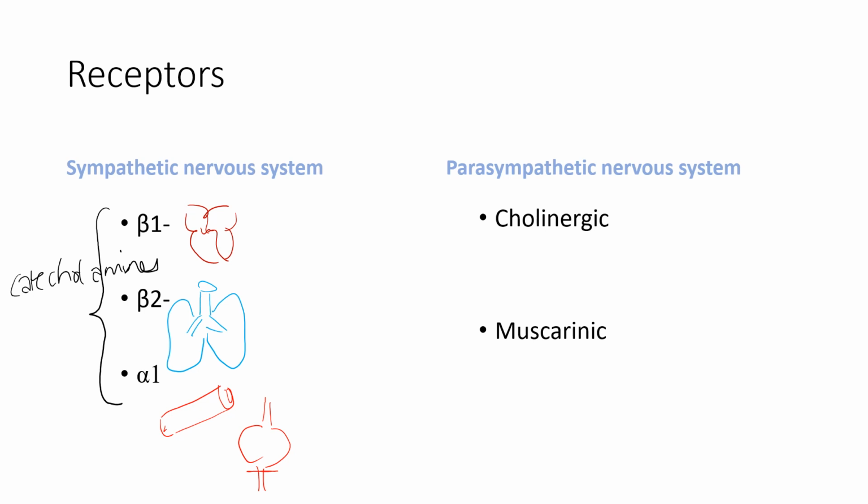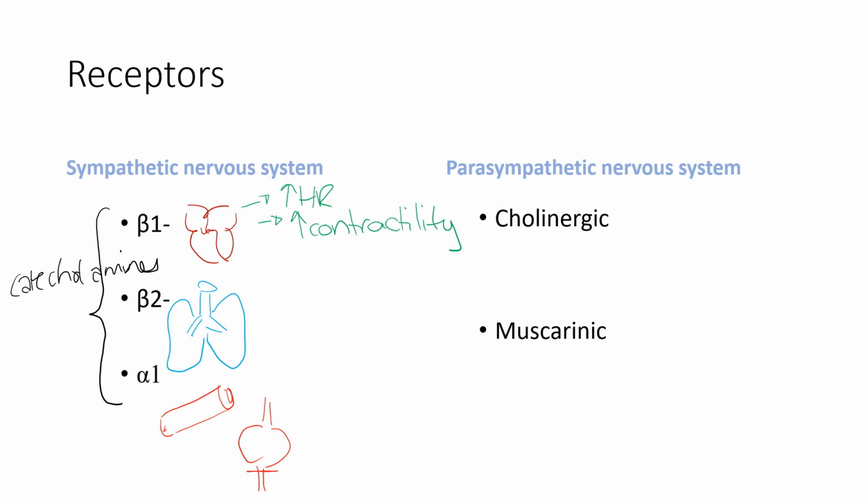If catecholamines attach to beta-1 receptors, what is the effect? It will increase the heart rate and it will increase contractility of the heart.